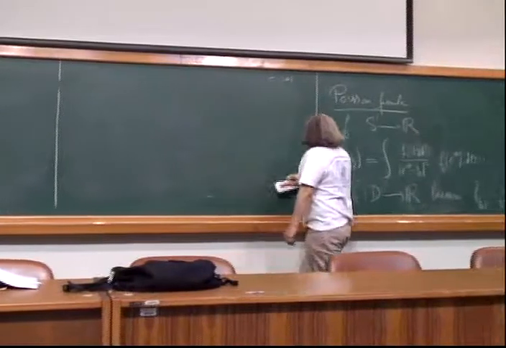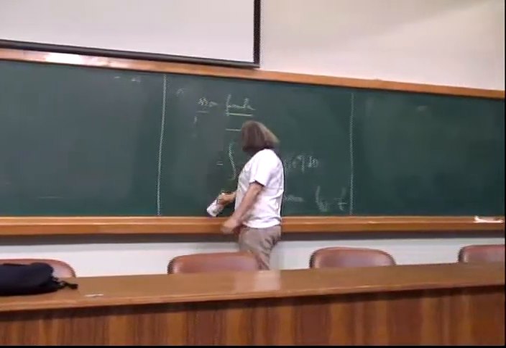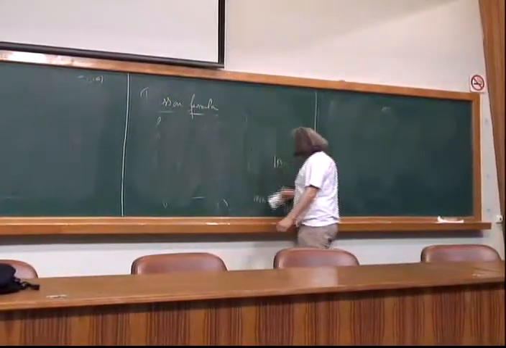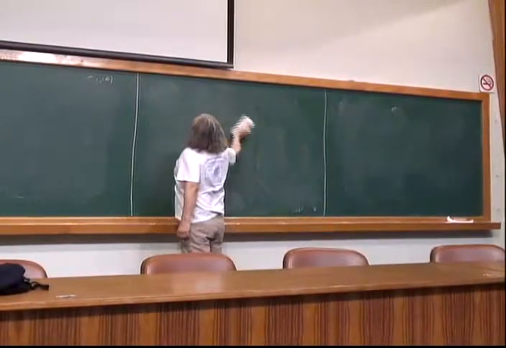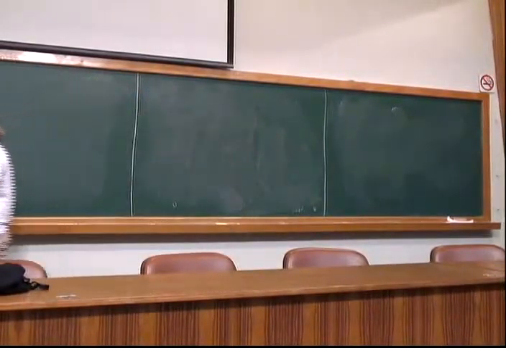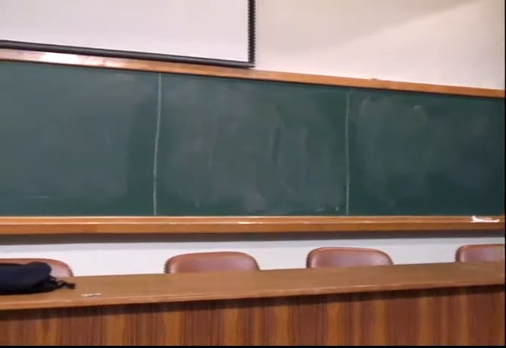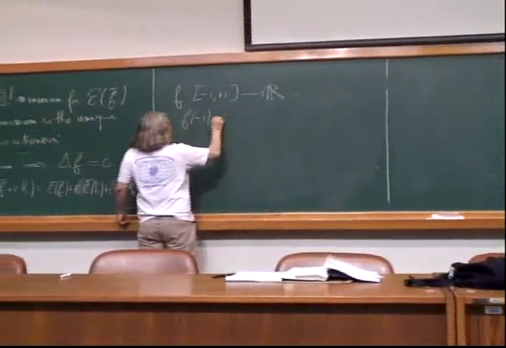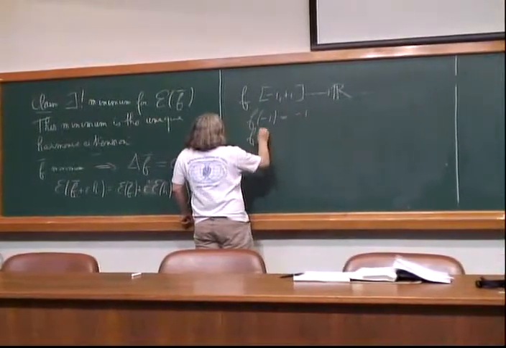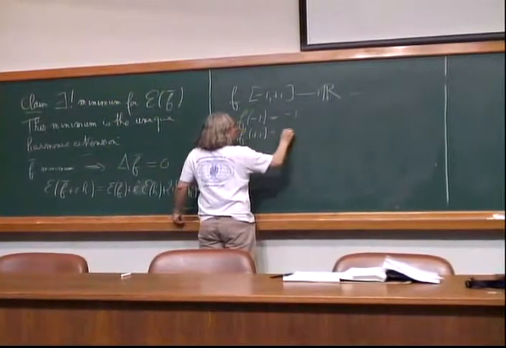The example of Weierstrass is the following. You consider the set, let's say, of functions f from -1 to +1 to R, and you impose that at -1 it takes the value -1, and at +1 it takes the value +1.